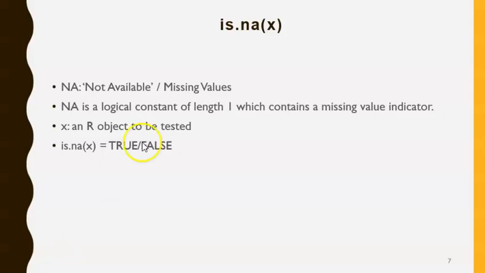As the last thing we discuss in this session is the is.na function, because now you know this value NA, which is not available, and here we are going to learn how to find it in an object. As you can see in the descriptions here, when you put is.na, it's interpreted exactly the same way as in regular English: is it NA, true or false?